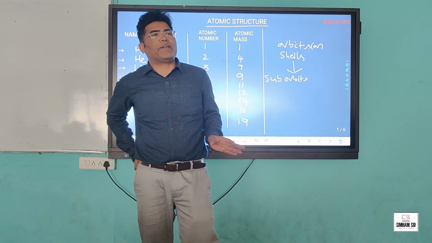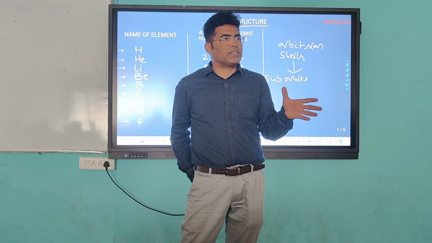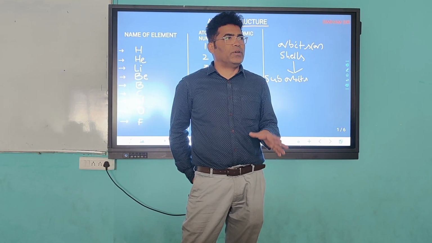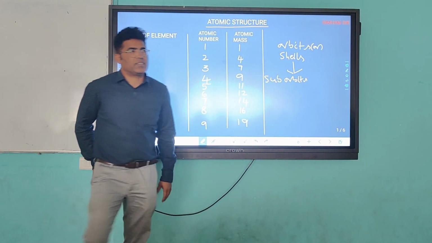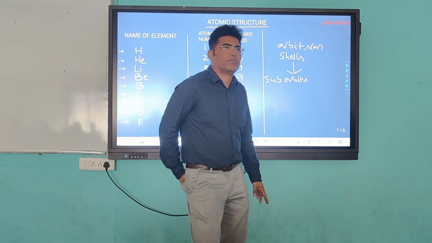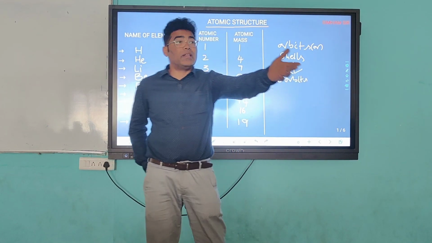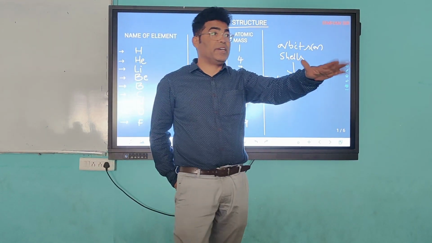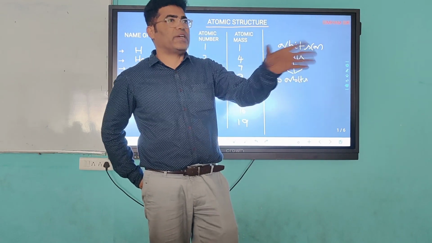The number of electrons in a p orbital is 2. The number of electrons in a d orbital is 2. The f orbital also 2. So what you say, that the number of electrons in a p orbital is 6, d orbital 10, f orbital 14, is wrong.